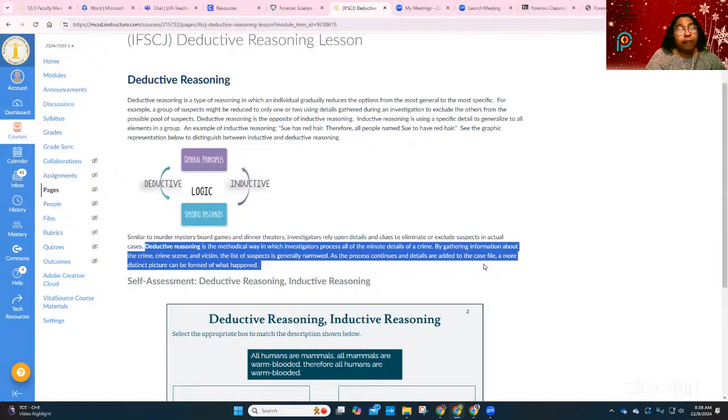All right. So again, deductive just says I'm looking at what I see in front of me, and I'm collecting all this information, and I have to use this information to create a whole picture.